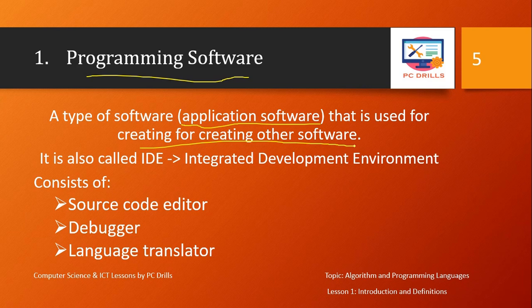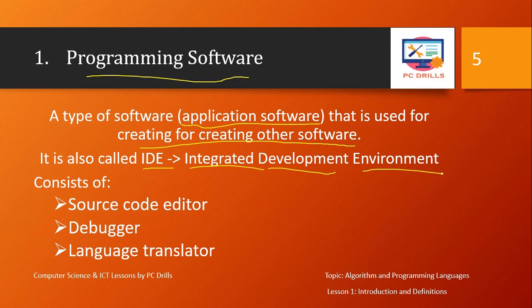For programming software, we usually call them IDE, and IDE means Integrated Development Environment. An integrated development environment is simply, like we defined above, a type of application software that is used for creating other softwares.